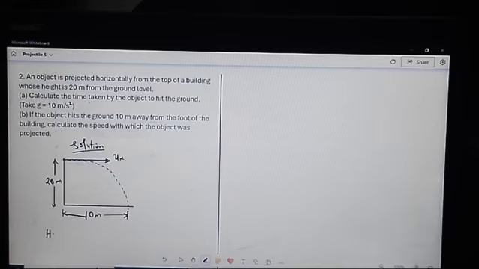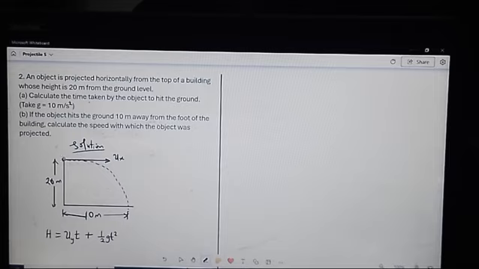So we say h is equal to u subscript y t. The y indicates that we are talking about the initial vertical component of the velocity. Since this projected object is moving in the direction of gravity, we use the positive sign, so we say plus half g t squared.